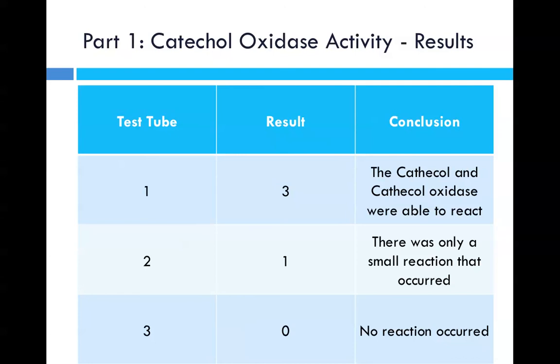And test tube 2 was our test, so we were testing if catechol oxidase will react if there is no catechol, and it did by providing a slight coloration, which resulted in a 1, which means a slight reaction occurred.